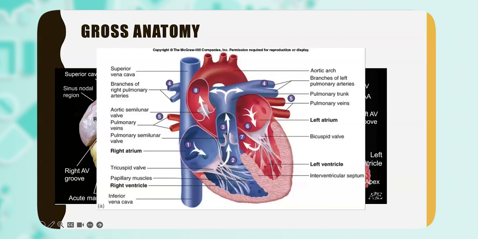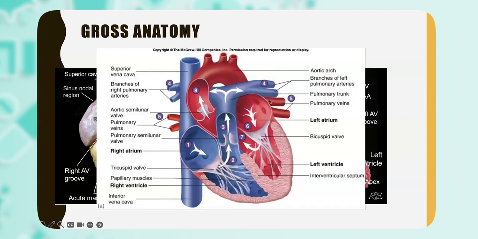And this blood again goes through the pulmonary valve into the main pulmonary trunk, which divides into the right and left main pulmonary arteries, which further divide into branches. This pulmonary valve is a semilunar valve. And one point to mention is that the tricuspid valve is the largest valve of the body, and the pulmonary valve is the smallest valve of the body.